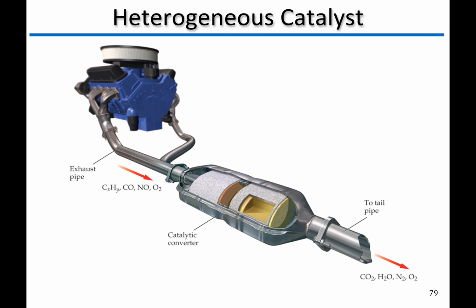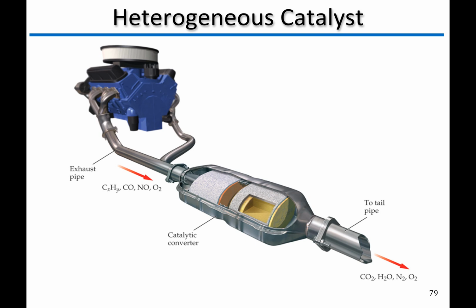Okay. So some examples of catalysts you'll know are in your catalytic converter. Okay, so this takes the gases that come out of our engines that we don't want to put into the atmosphere, CO, NO, and O2. Okay, it actually converts them to gases that are supposed to be more pleasant for the environment. And so this comes out your tailpipe, now as CO2, water, and O2.